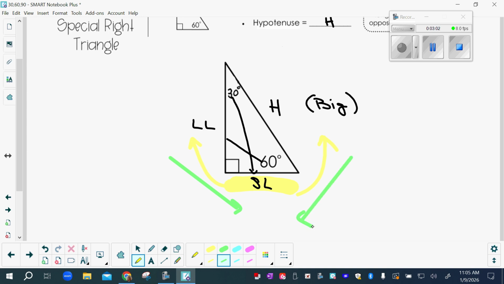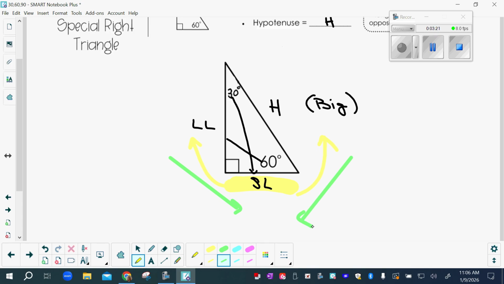And people will say, but Miss T, what if I have to go over the top? We don't. It's a horrible math. So if you need to go from long leg to hypotenuse, you're going to drive through short leg town, right? Because the math otherwise is ugly.